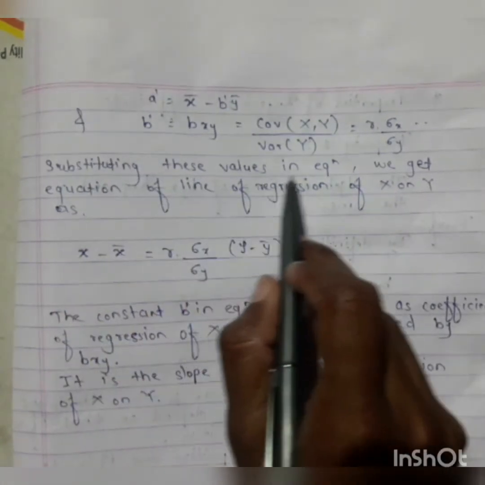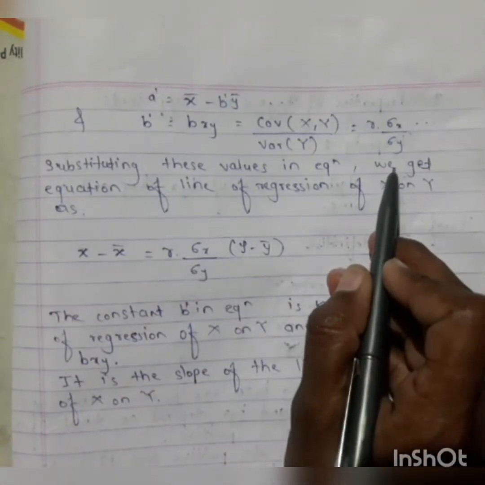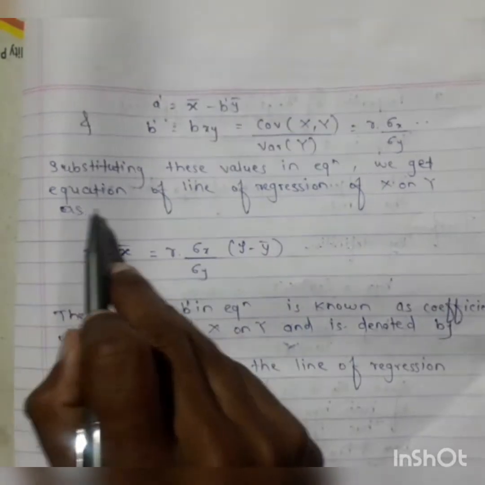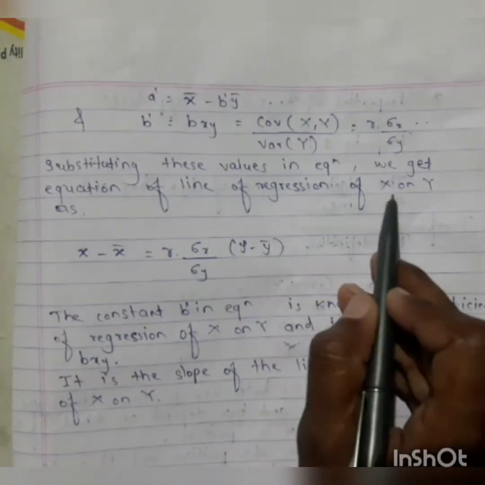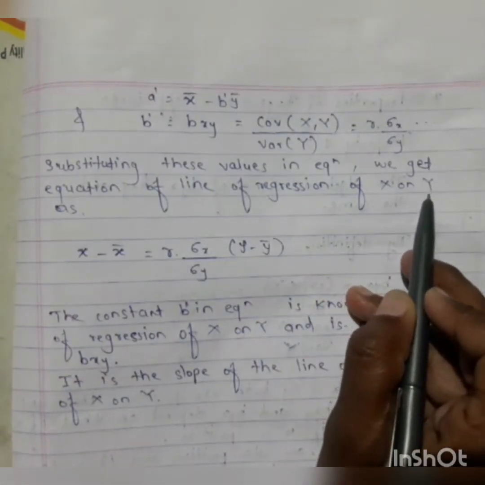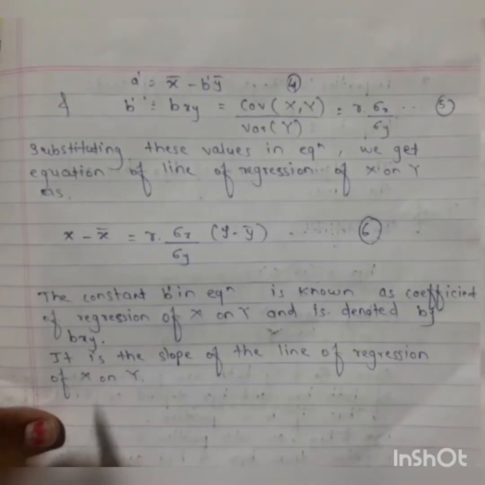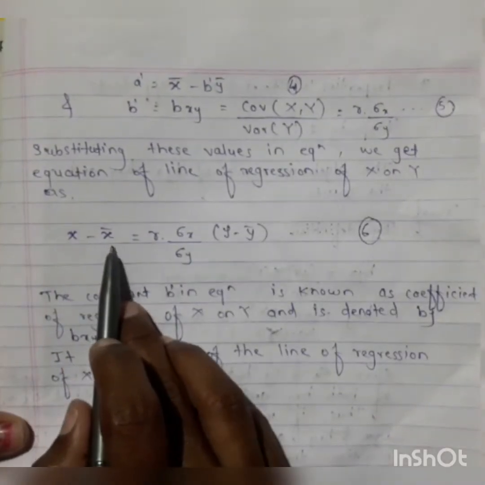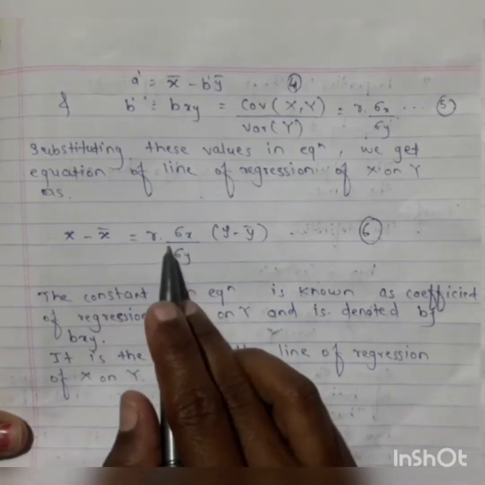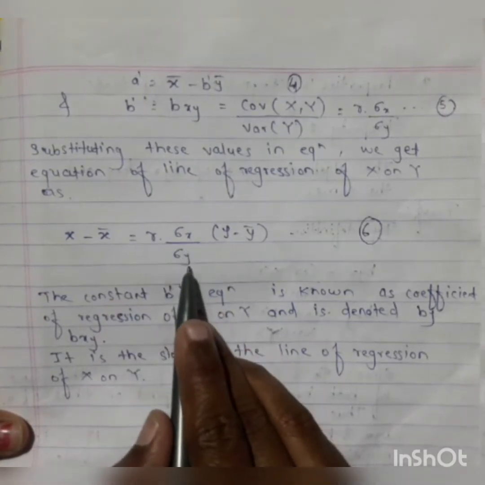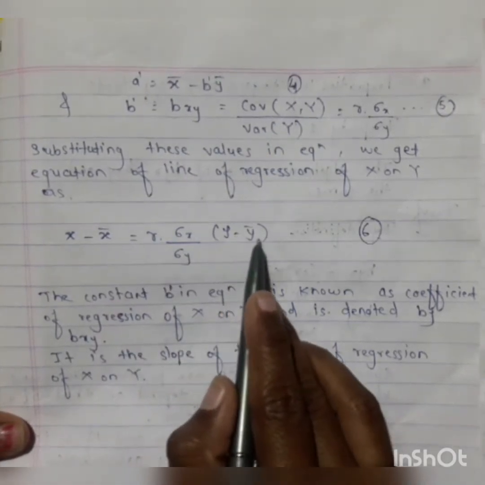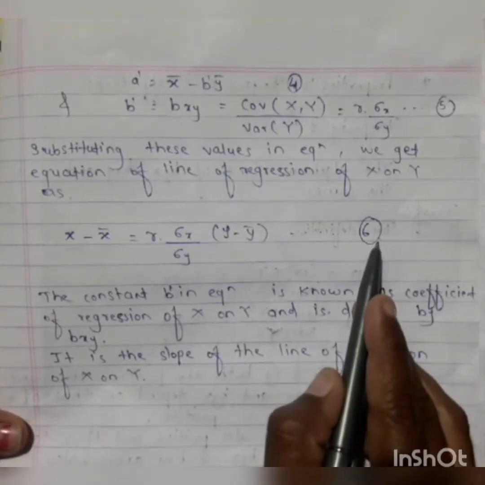Substituting these values in the given equation, we get the equation of the line of regression of capital X on capital Y as small x minus x bar is equal to r into sigma x upon sigma y into (y minus y bar). This is equation number 6.